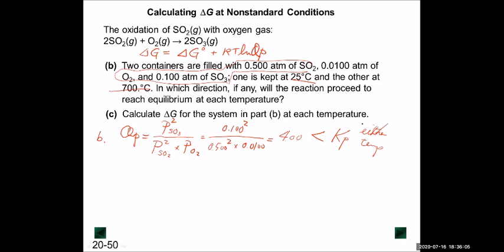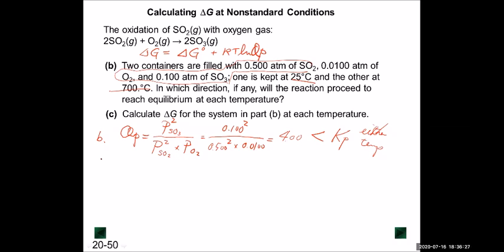So Q is less than K at both temperatures. That means in both cases, equilibrium shifts right. That's the conclusion based on just the quotient compared with K.